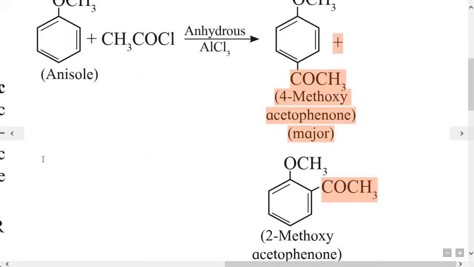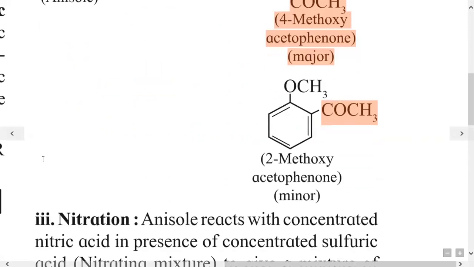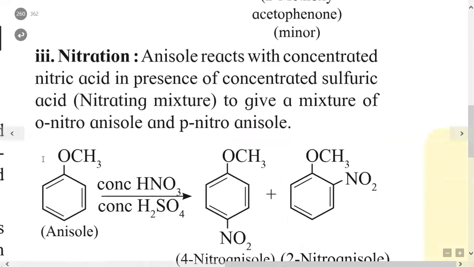Again here the para product is the major product and the ortho product is the minor product, because of the steric hindrance. The next reaction is nitration reaction.